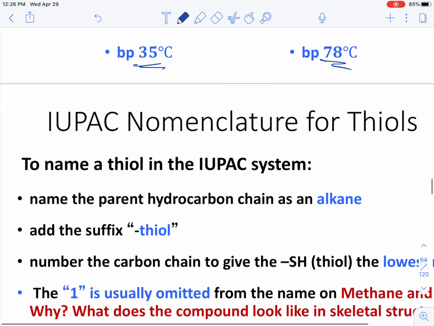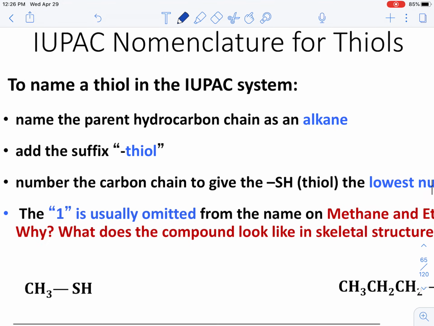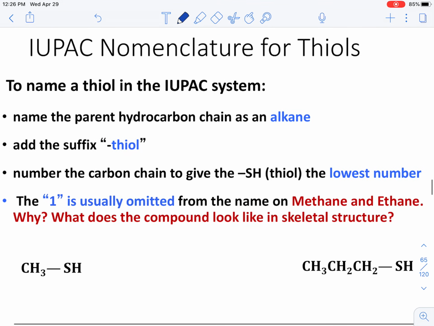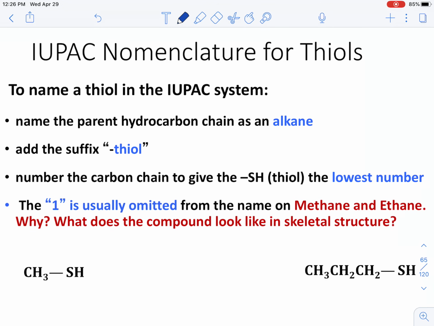And so the next thing that I want to discuss is the nomenclature for thiols. So now that we have an idea of what thiols look like and an idea of their physical properties, we're going to go ahead and discuss how to name thiols. All right, so looking at the general rules to name a thiol using the IUPAC system, we're going to find the longest carbon chain, and then name the parent hydrocarbon chain as an alkane.